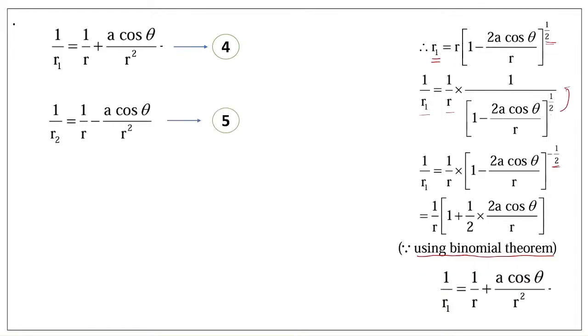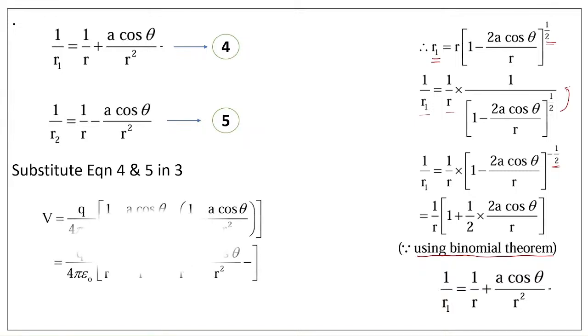Mark as equation 5. Substitute equation 4 and 5 in 3, we get V is equal to Q by 4 pi epsilon naught into bracket 1 by R plus A cos theta by R square minus into bracket 1 by R minus A cos theta by R square.